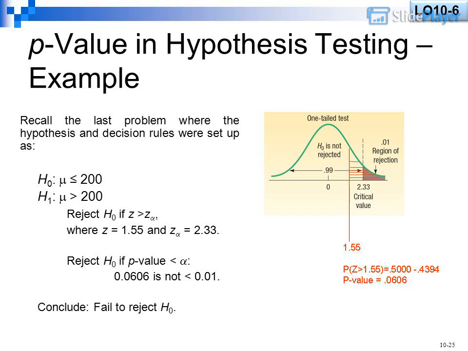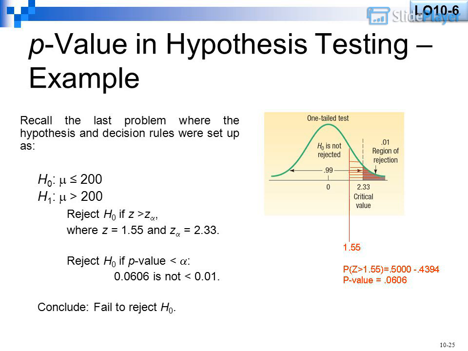P-value in hypothesis testing, example. Recall the last problem where the hypothesis and decision rules were set up as H0, less than or equal to 200. H1, greater than 200.